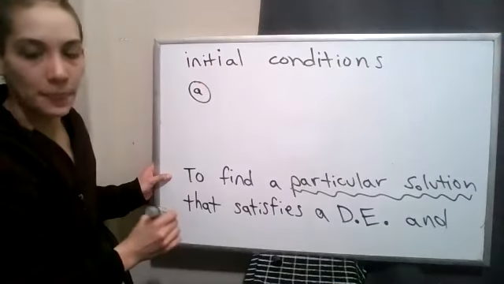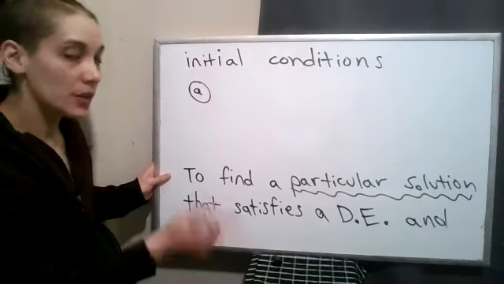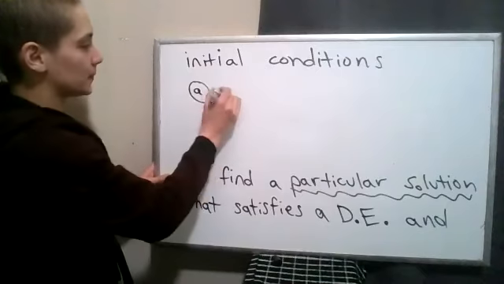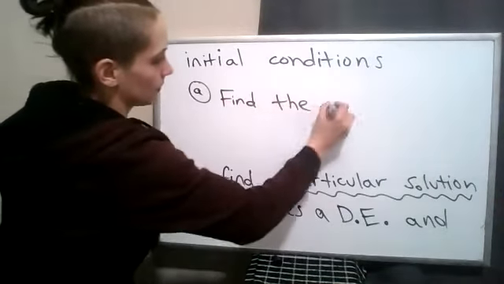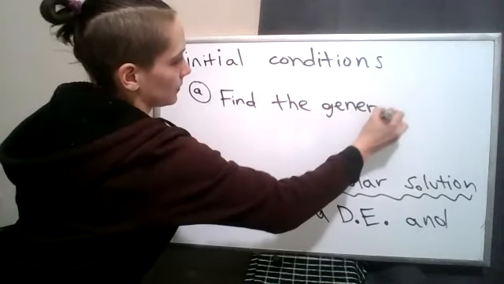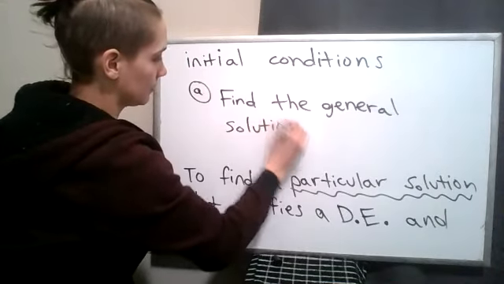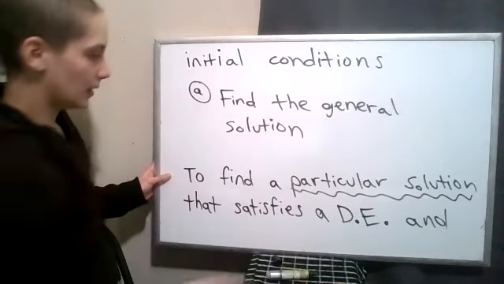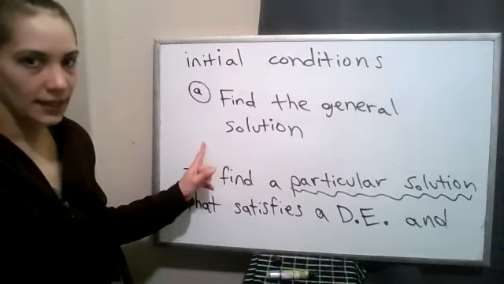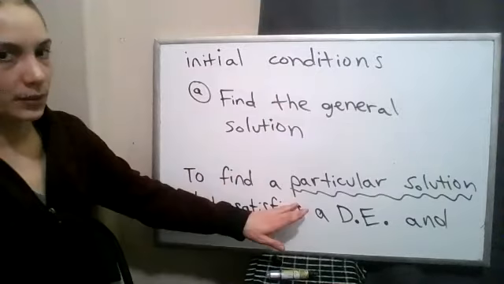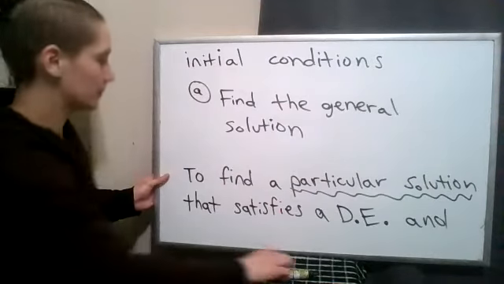A, find the general solution, or in this case, general antiderivative. Okay, to get the particular solution, apply initial conditions, and then that will give you the function that you're looking for.